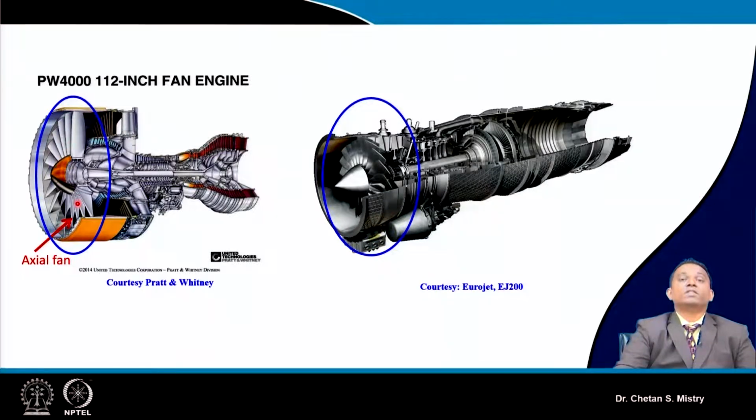When the diameter is larger, it is prone to have flow that is supersonic near the tip region. And in the remaining region, maybe up to 70% or 60% of my span, my flow will be subsonic.